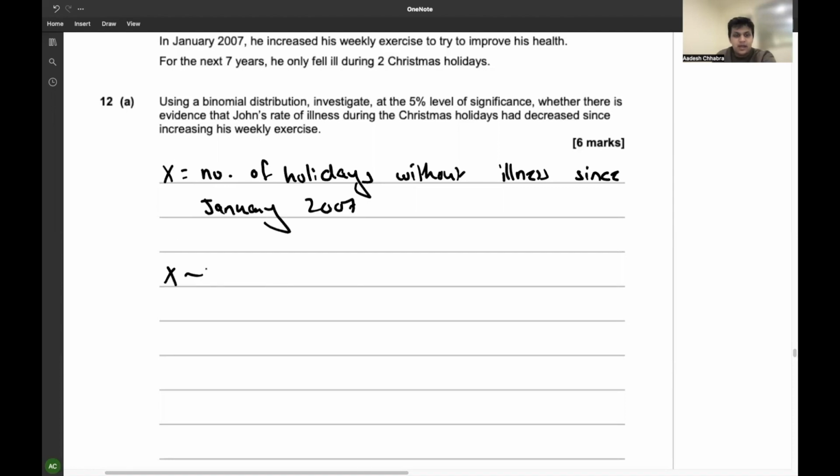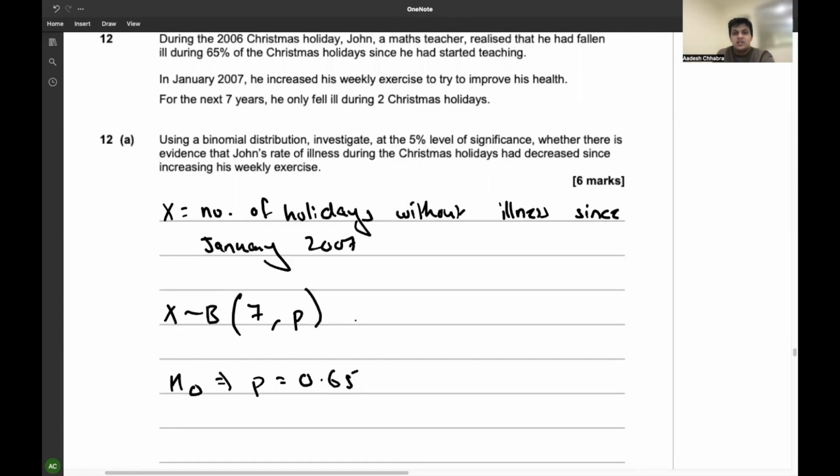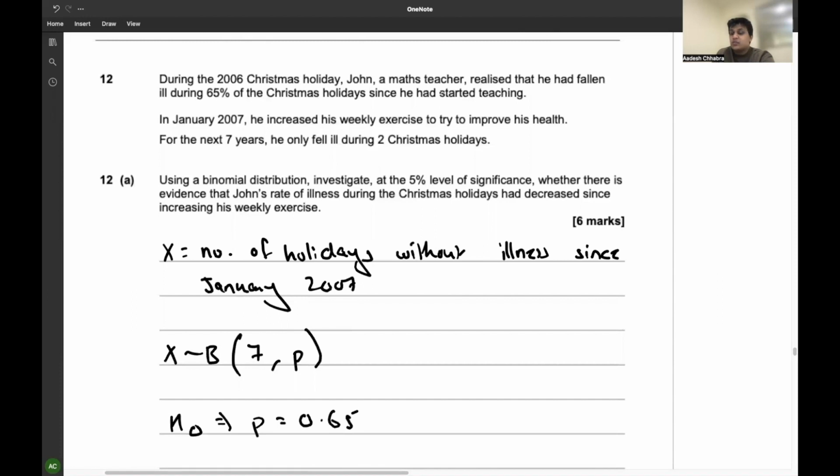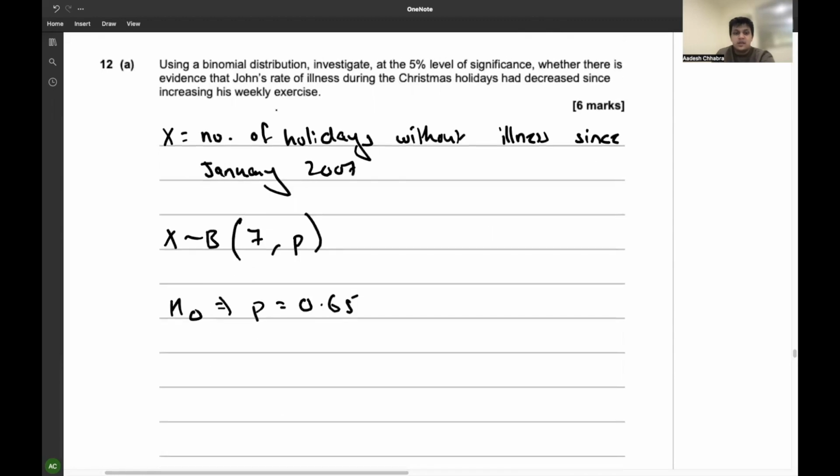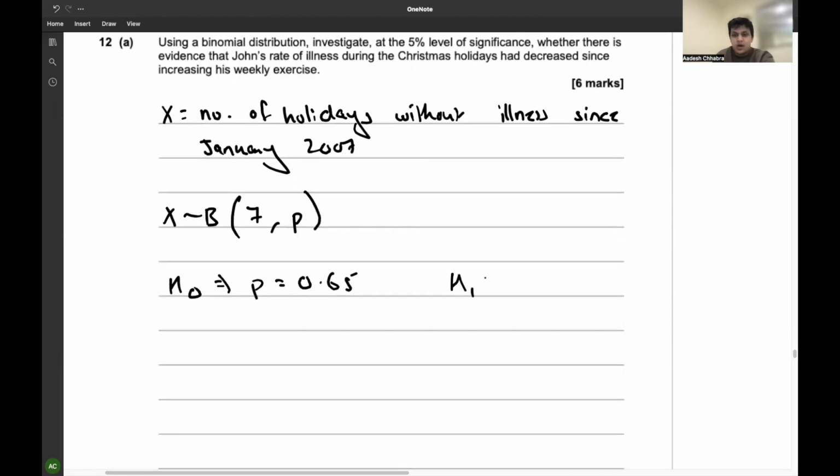So X follows B with 7 trials and the probability of falling ill, which would be P. Now, our initial hypothesis, the null hypothesis H0, should be that P is equal to 0.65. So essentially, we're assuming that there is no decrease or increase in the rate of his illness. And then our alternative hypothesis, H1, would be such that P is less than 0.65.